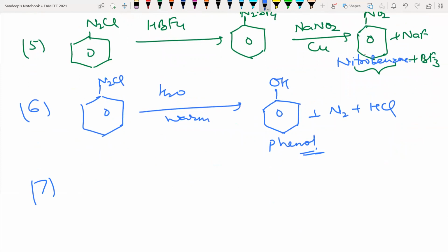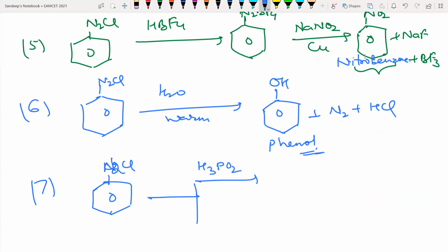Next reaction is replacement by H. So when benzene diazonium chloride is treated with H3PO2, hypophosphorous acid, in presence of water, it forms benzene. And when it is treated with ethanol, C2H5OH, again this forms benzene.